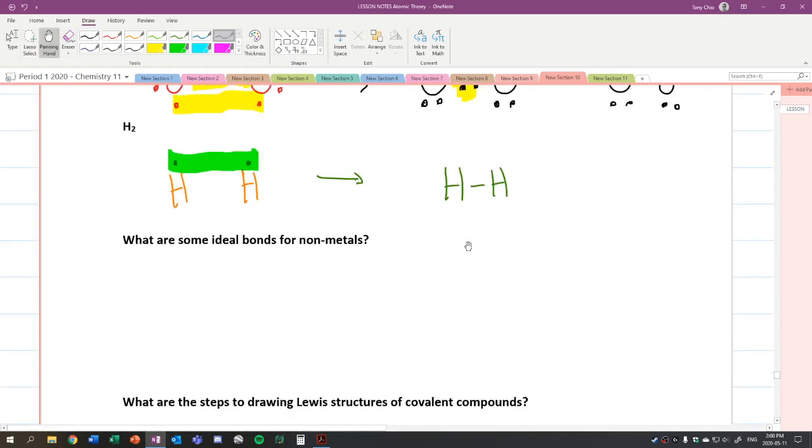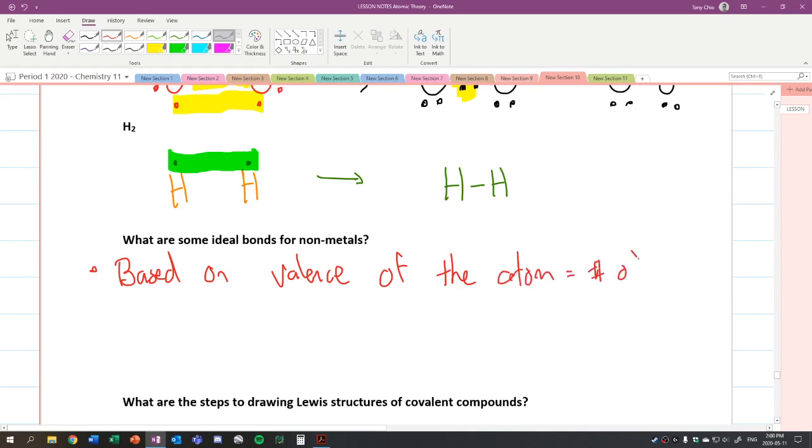Now, what are some ideal bonds for nonmetals? Well, in this case, it's based on the valence of the atom. And what is the valence of the atom again? It's the number of unpaired electrons.